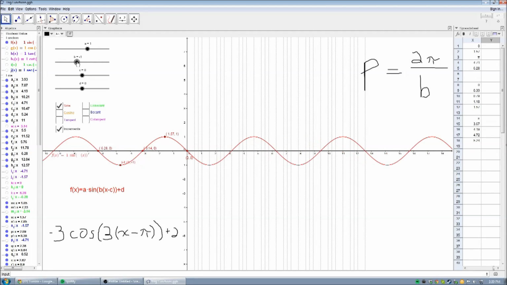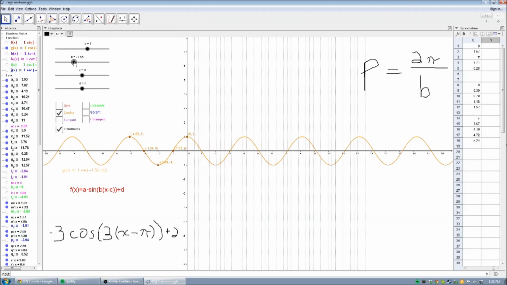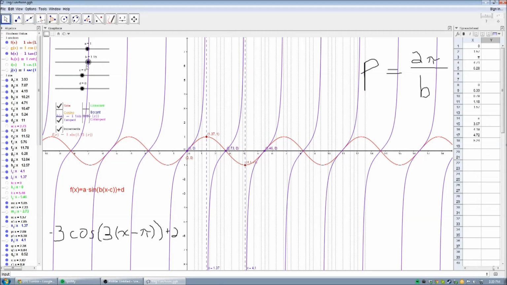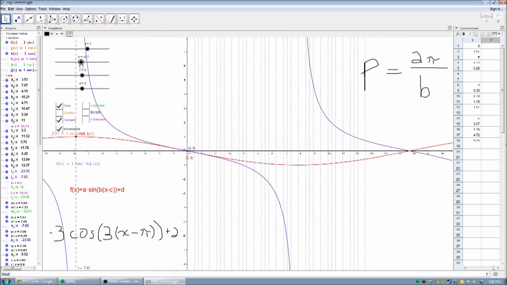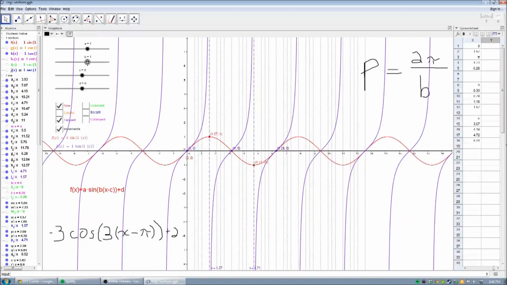So you're going to be mapping backwards instead of forwards. Same thing with cosine. Now cosine, it doesn't matter, because if you flip cosine horizontally, it is the exact same thing. With sine and tangent, if you flip them horizontally, they do change. So keep that in mind.